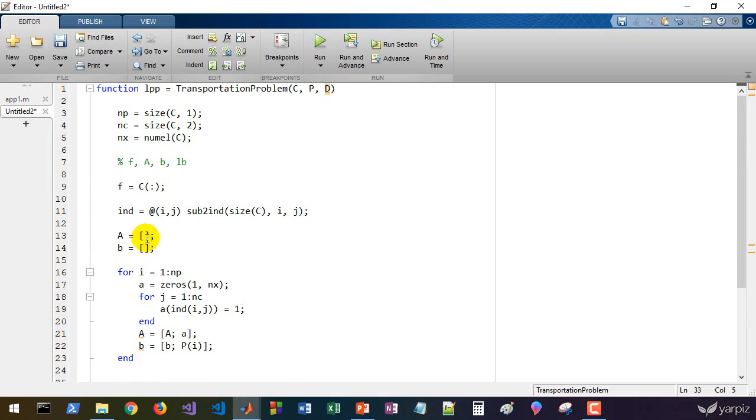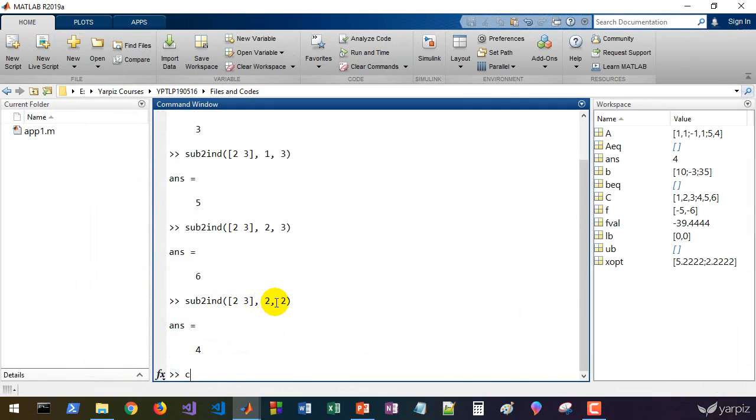And next time we'll add the demand constraints to these matrices too, and we'll create LB. But for now, we call this to see how our final output will look.